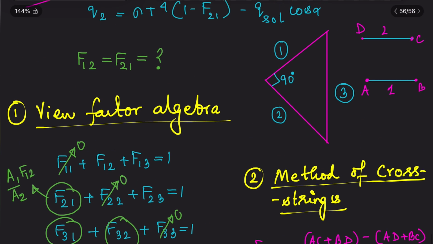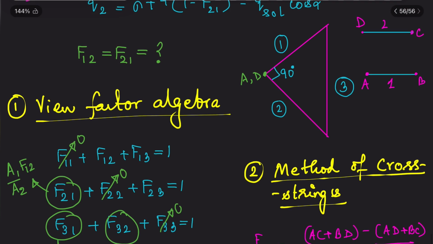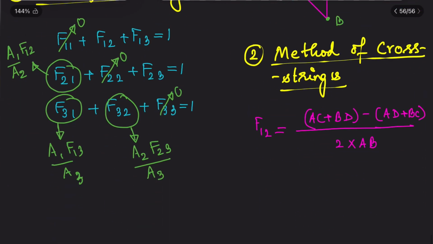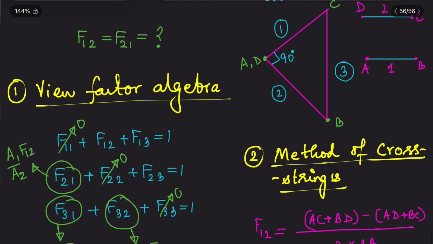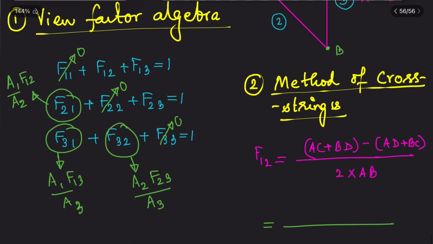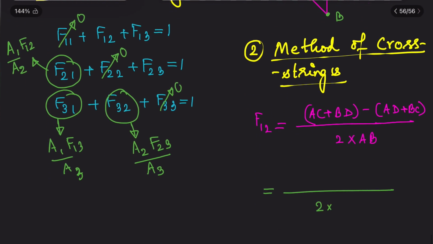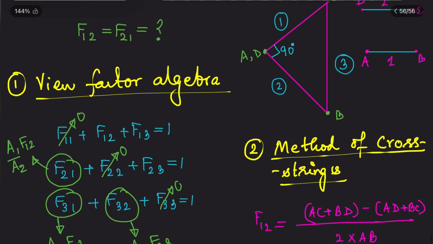Okay, so here if I give the same nomenclature to this surface also, then these will be the points A and D. That means here AD is 0, and here this will be point B and this will be point C if I have to find F12, right? So it will be 2 into A. AB is this length, so this is A, right?